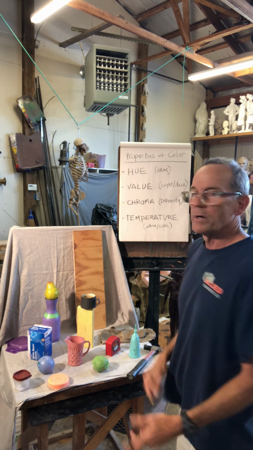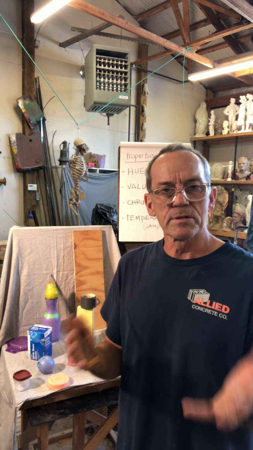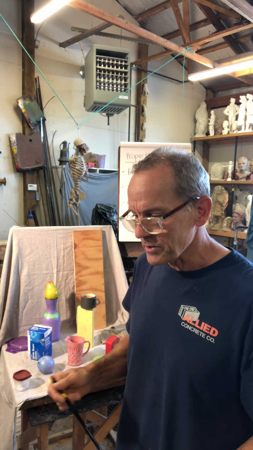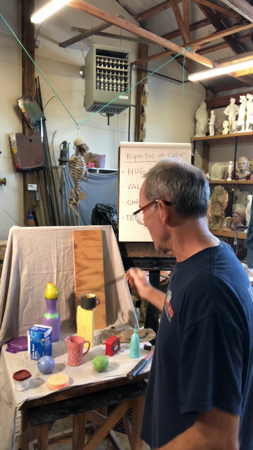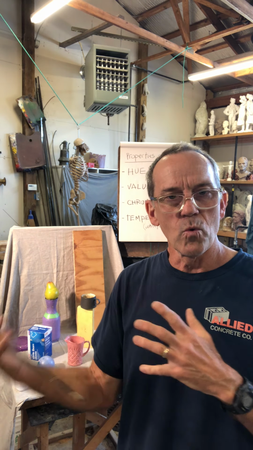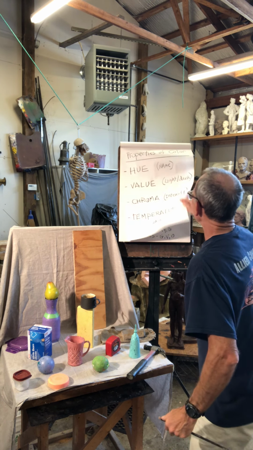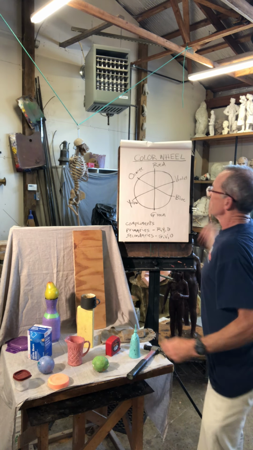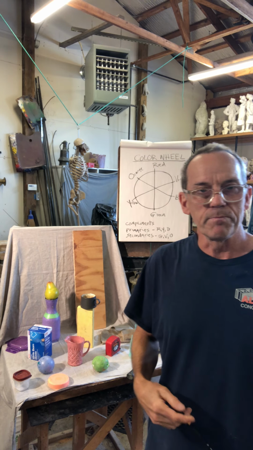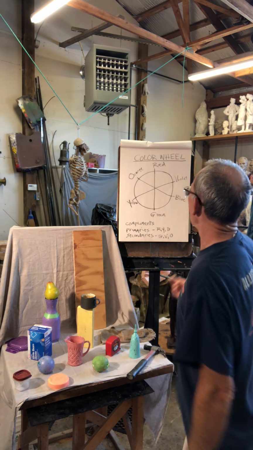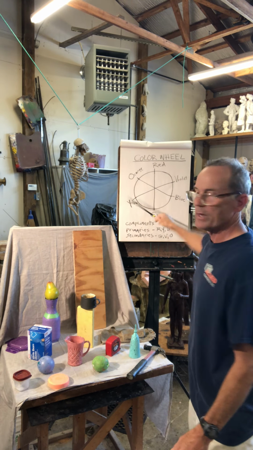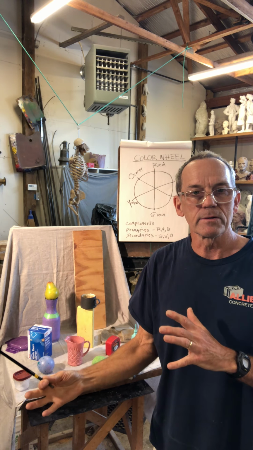Finally, temperature, and again, sometimes this causes students difficulty. Colors are either on the warm end or the cooler end. So when we look back at the color wheel, the colors we normally associate with being on the warmer side are red, orange, and yellow. That's sort of the warm end of the scale.